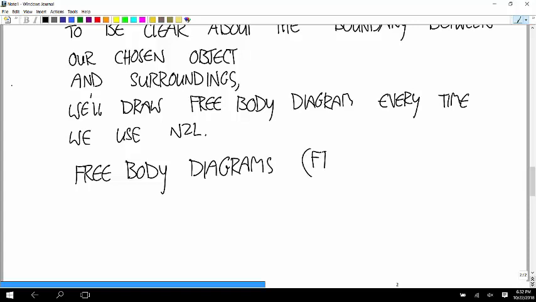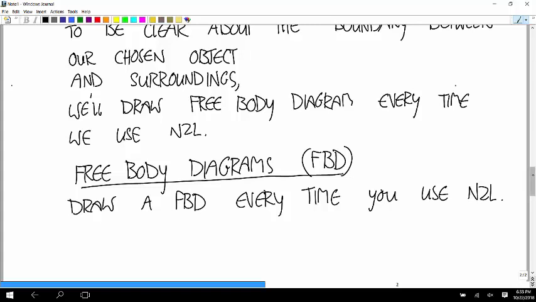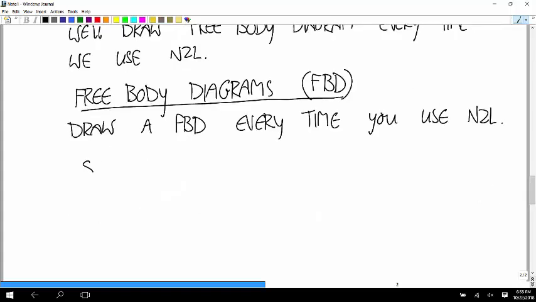So, okay, free body diagrams. I'm going to abbreviate these FBD. And like I just said above, draw a free body diagram every time you use Newton's second law. Okay, so here are the steps for drawing a free body diagram.